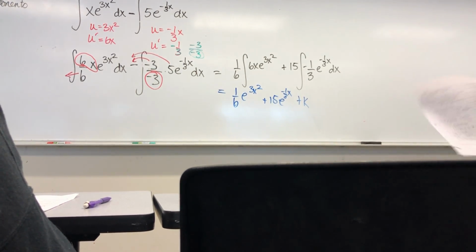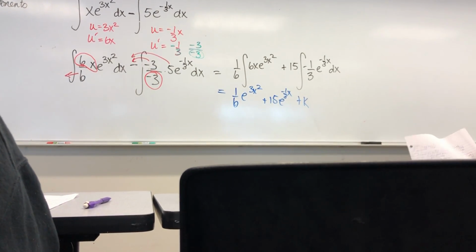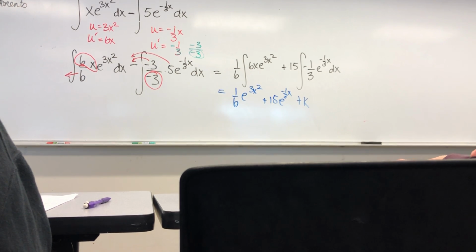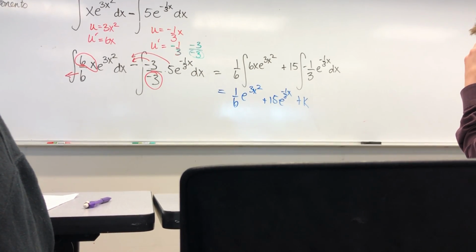We have 5, we want -3. 2 divided by -3. So we want to complete a circle.